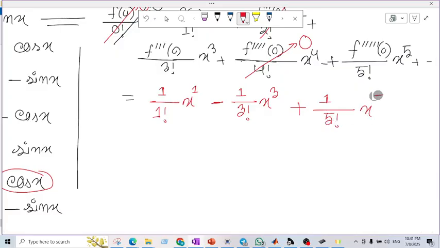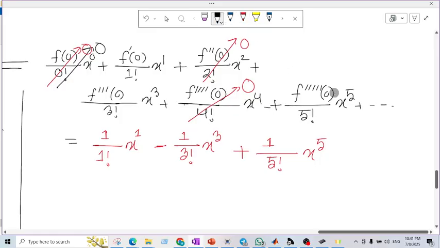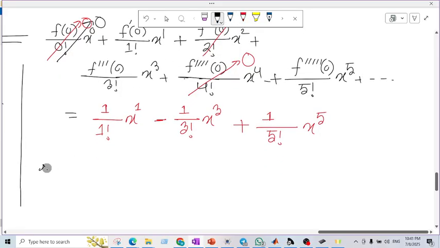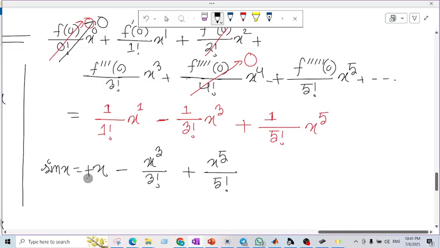I think now you have understood the pattern. So sin x, first of all you write x, then minus x cubed divided by 3 factorial, and then plus x to the power 5 by 5 factorial. So you write plus, then minus, then plus, then again minus, with x to the power 3, 5, 7, the odd numbers.